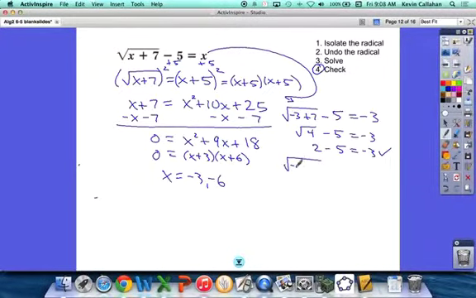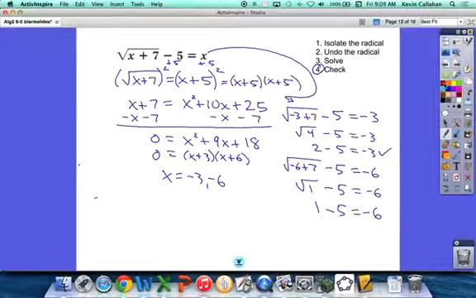Try the other one, negative 6. The square root of negative 6 plus 7, minus 5 equals negative 6. The square root of 1 minus 5 equals negative 6. 1 minus 5 equals negative 6. Is that true? It's not true.